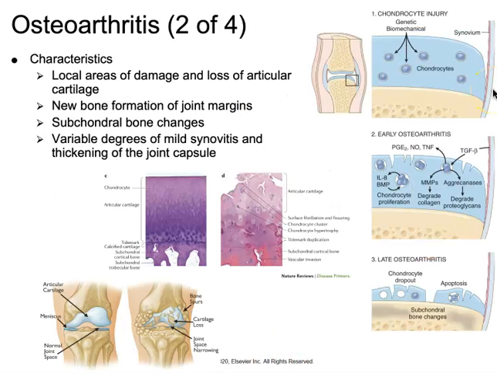So a bit more on the characteristics of OA. The primary defect is going to be the loss of articular cartilage, and it's primarily a degenerative disease, not inflammatory. So what begins to happen is we get damage in local areas and start to lose that articular cartilage.